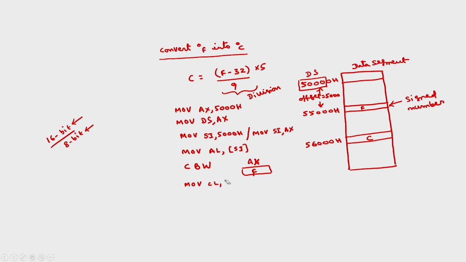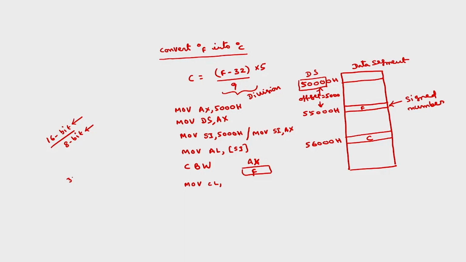Because the microprocessor will perform hexadecimal operations, but this 32 is a decimal value. So 32 decimal is equivalent to what in hexadecimal? 16 2s are 32, 0 is the remainder; 16 0s are 0, 2 is the remainder: 20H. So you have to take 20H here.